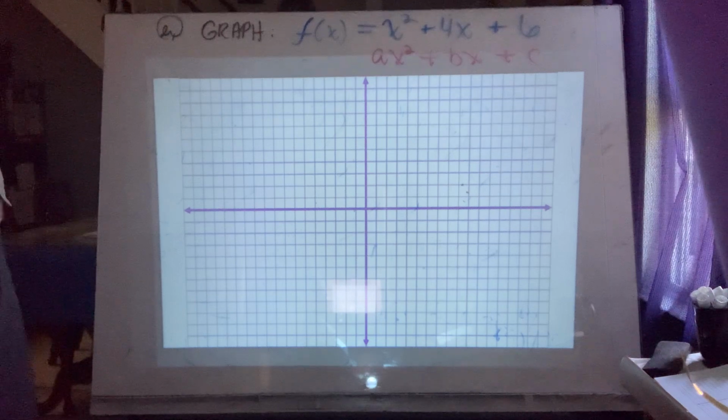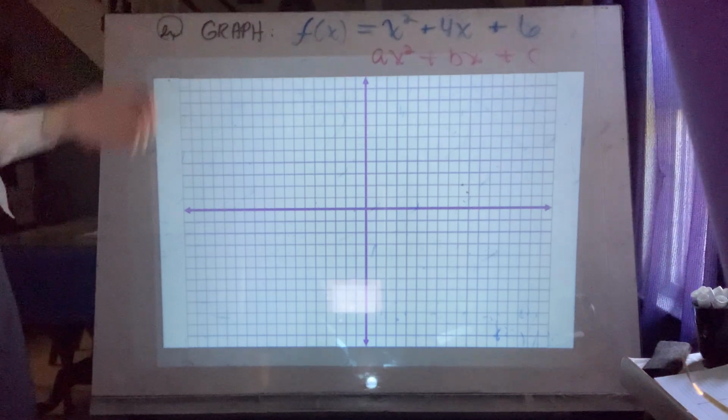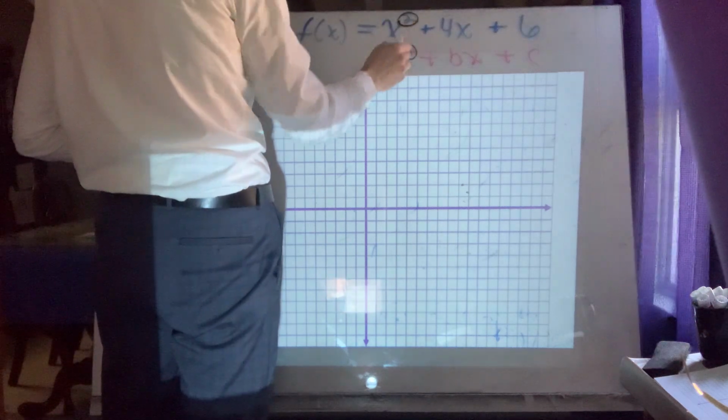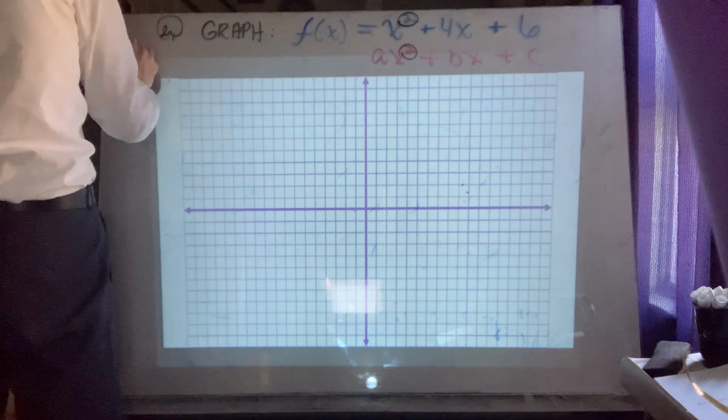So there are little bits of information that you could pluck out of this. Once again, it's degree 2, so it's definitely a parabola.